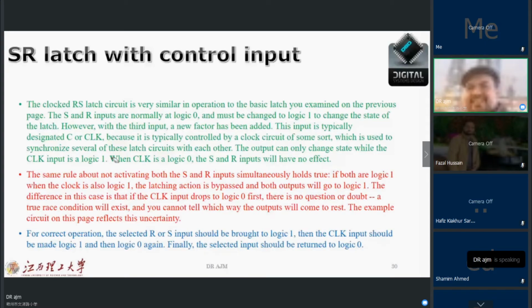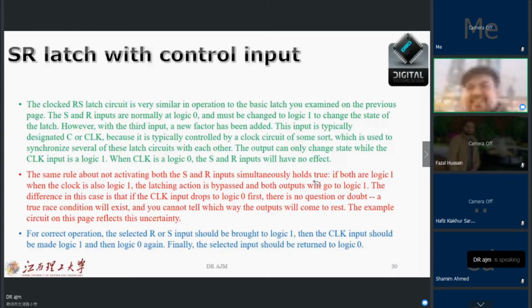The output can only change state when the clock input is a logic 1. When the clock is a logic 0, the S and R inputs will have no effect. And the same rule about not activating both S and R inputs simultaneously holds true.